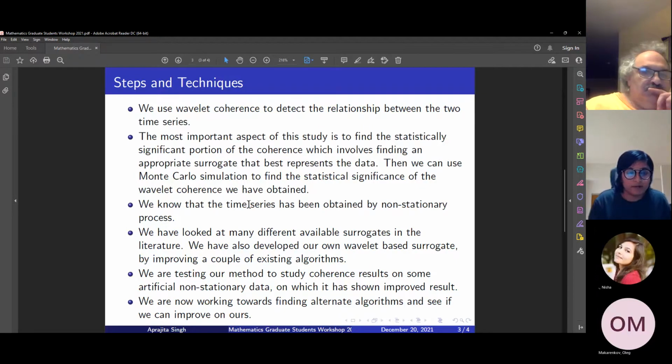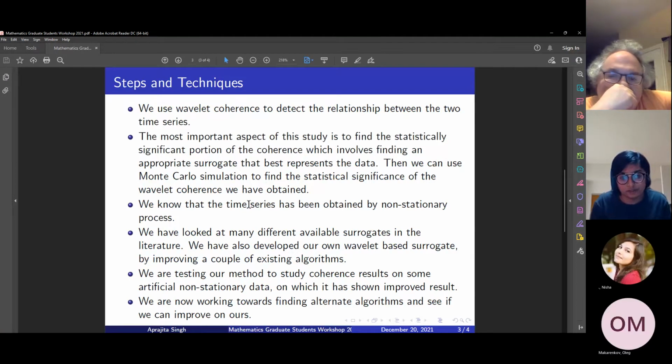We have found it by making improvements on a couple of existing algorithms. So at this point of time, we are testing our method to study the coherence results on some artificial non-stationary data, on which it has shown improved results.